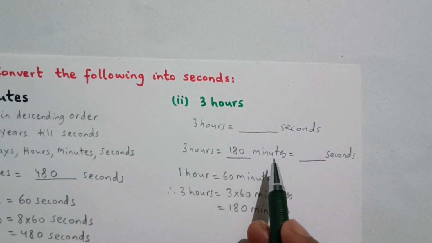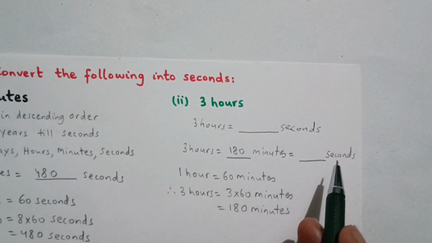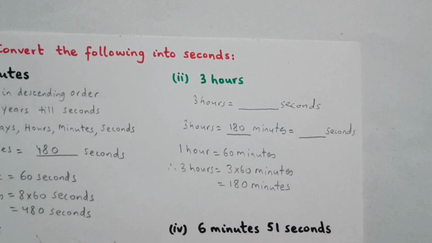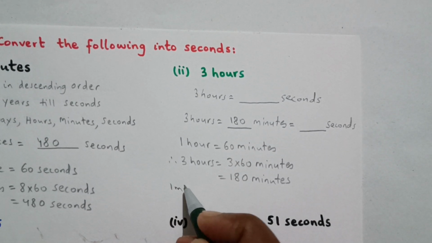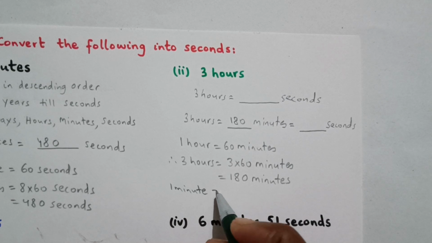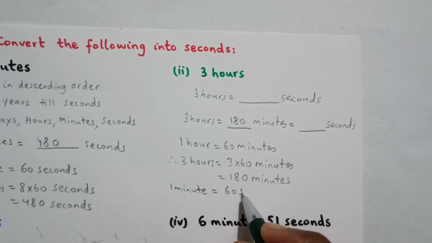So 180 minutes is how many seconds? We know that 1 minute is 60 seconds.